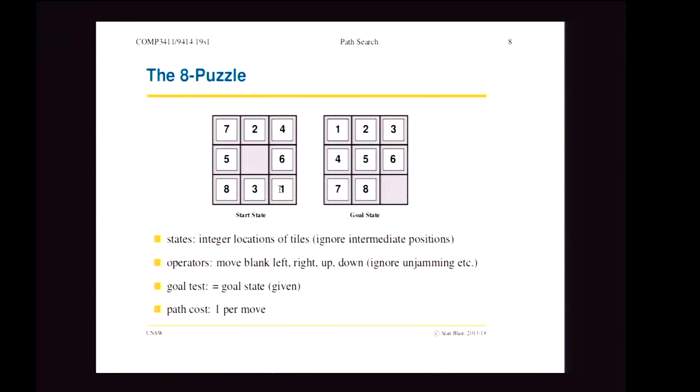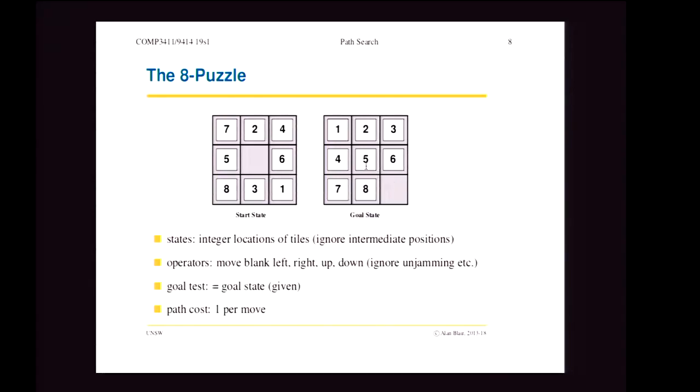So we couldn't move the 1 here, or the 4, or the 7, or the 8. The only tiles that can actually move are the ones that are next to the blank. So this tells us the branching factor, effectively. This tells us how many actions are possible in each state. At most 4. In each state, we have a choice of at most 4 possible actions. Sometimes it's less. If we started in this state, we'd only have a choice of 2 possible actions.